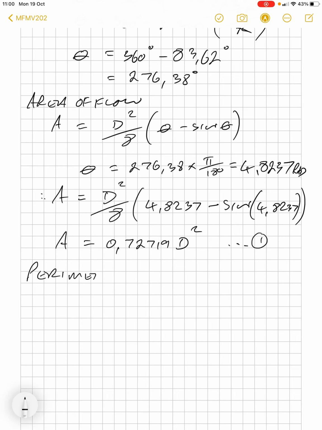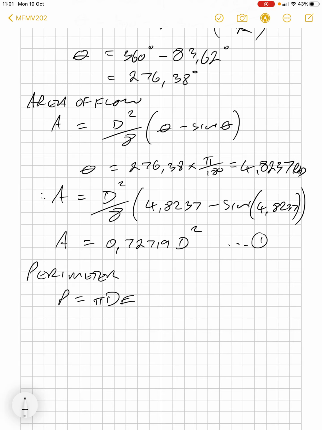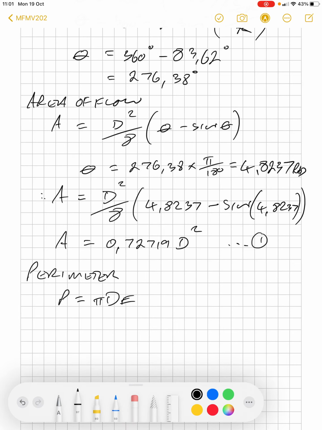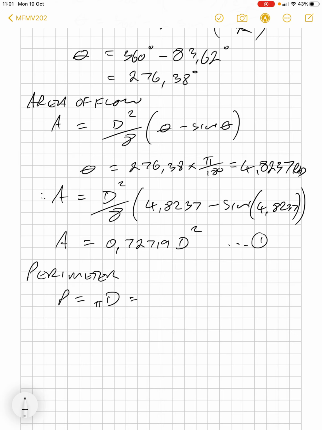First equation, perimeter. P is equal to pi times d, which equals, that's just pi d times 276.38 over 360. 2.41187d.